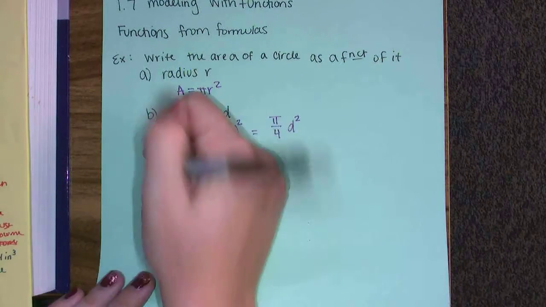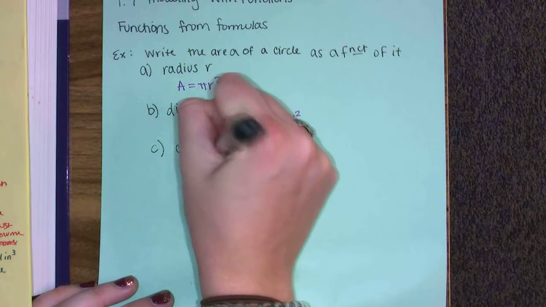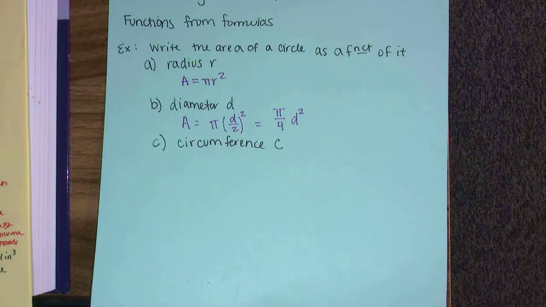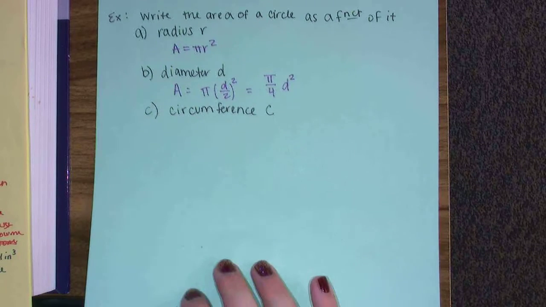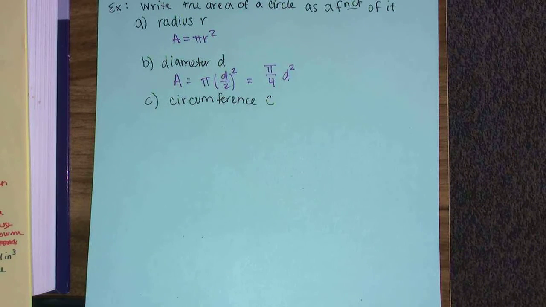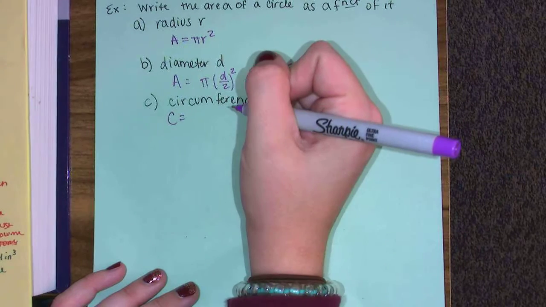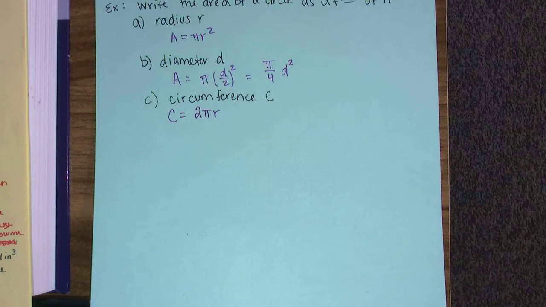All right, and then let's do it as a function of circumference c. What would I need to do for that one? What's the formula for circumference? 2 pi r.